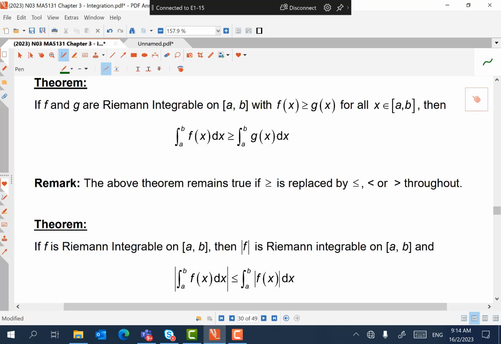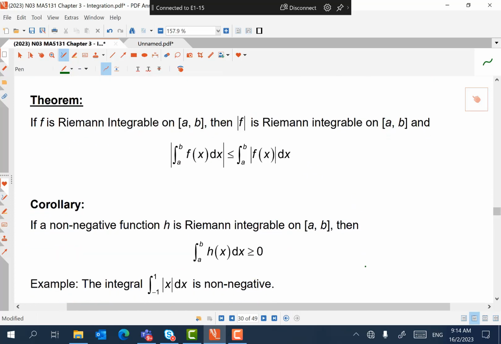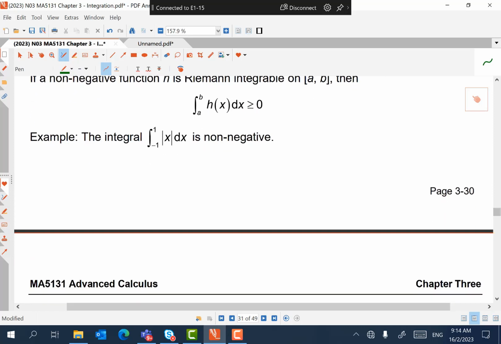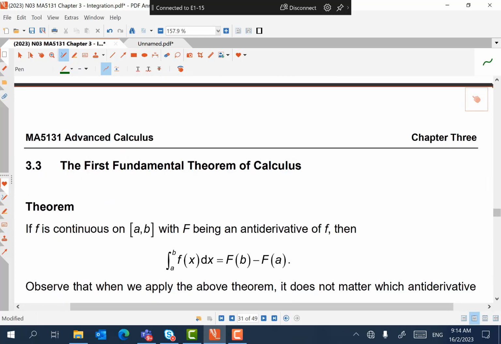Something nice that what you learned in the earlier years actually also works now that you see the Riemann integral the right way. And then there's another one.